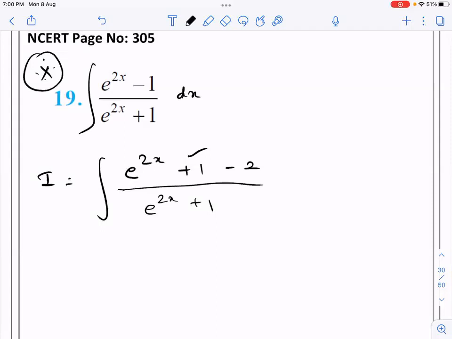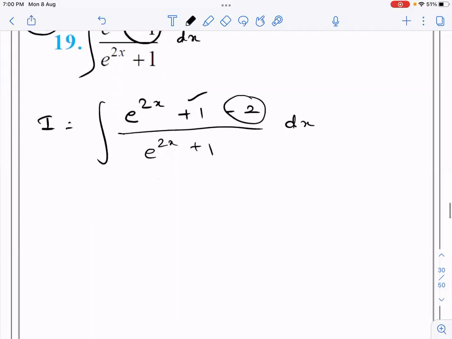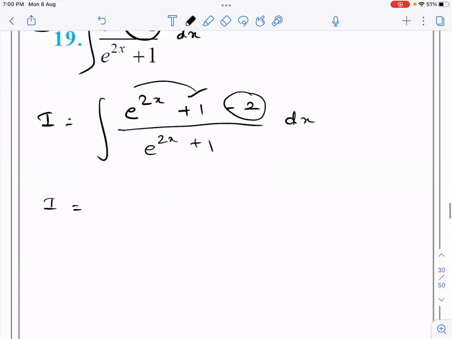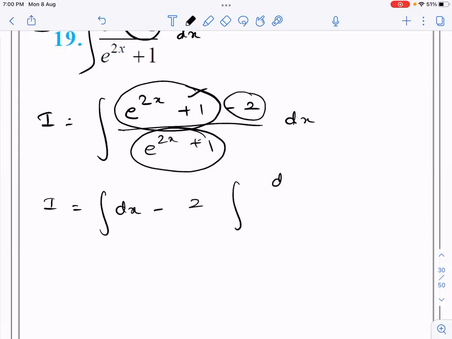When I subtract a 1, that minus 1 will get added to this minus 1. That is why I wrote minus 2. Now what will happen? I is equal to e power 2x plus 1 divided by e power 2x plus 1, it is 1. So integral of dx minus 2 into integral of dx divided by e power 2x plus 1.